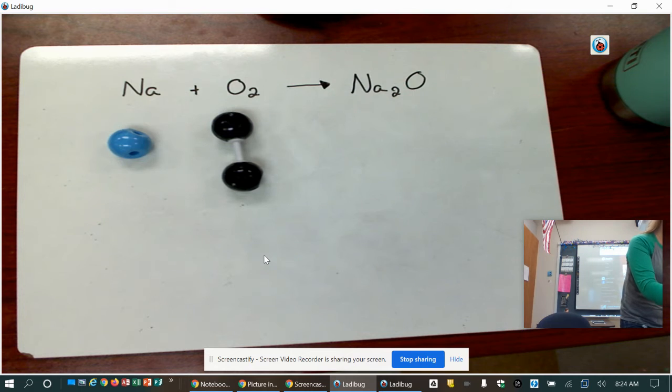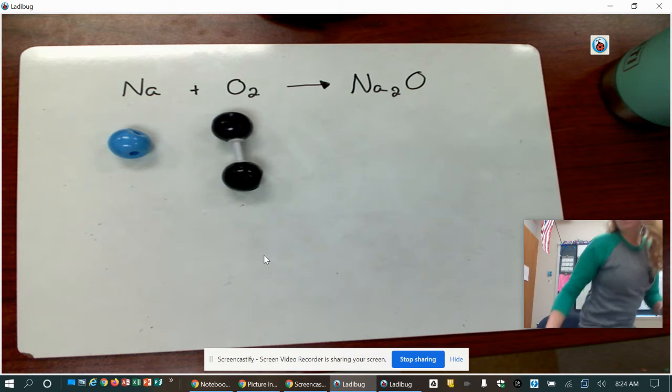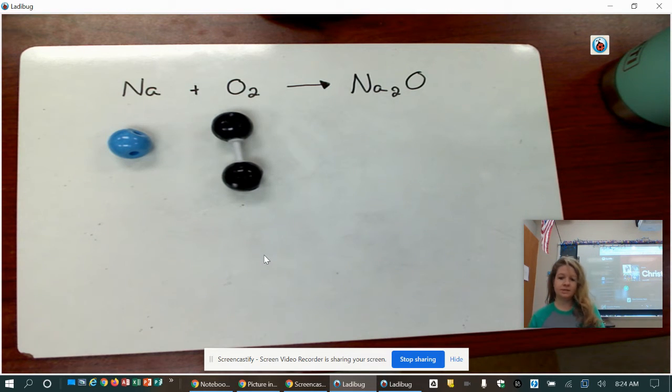Sorry about that. I ran out of nitrogens. Here we go. Which means that at the end, they are going to form N2 bonded to an O. It's sort of like a giant puzzle piece, which is pretty cool.